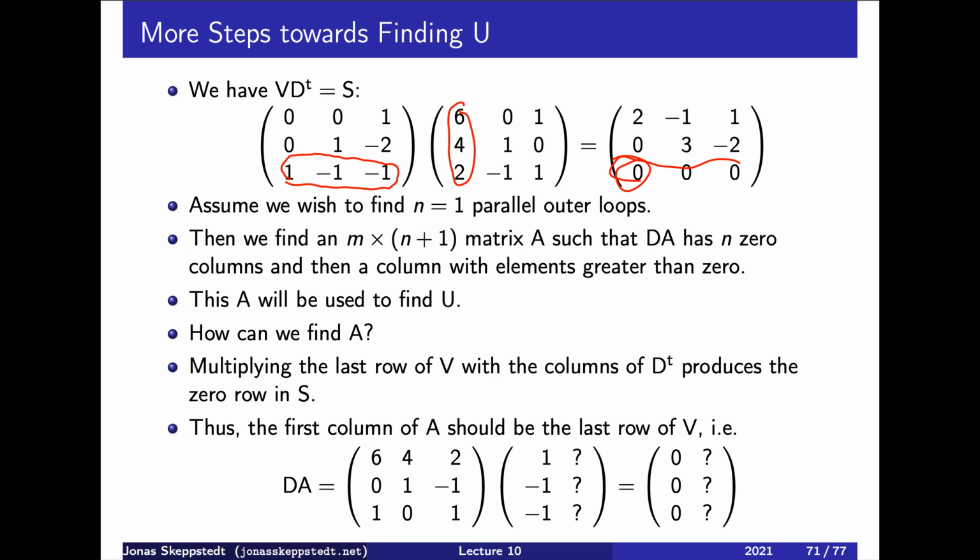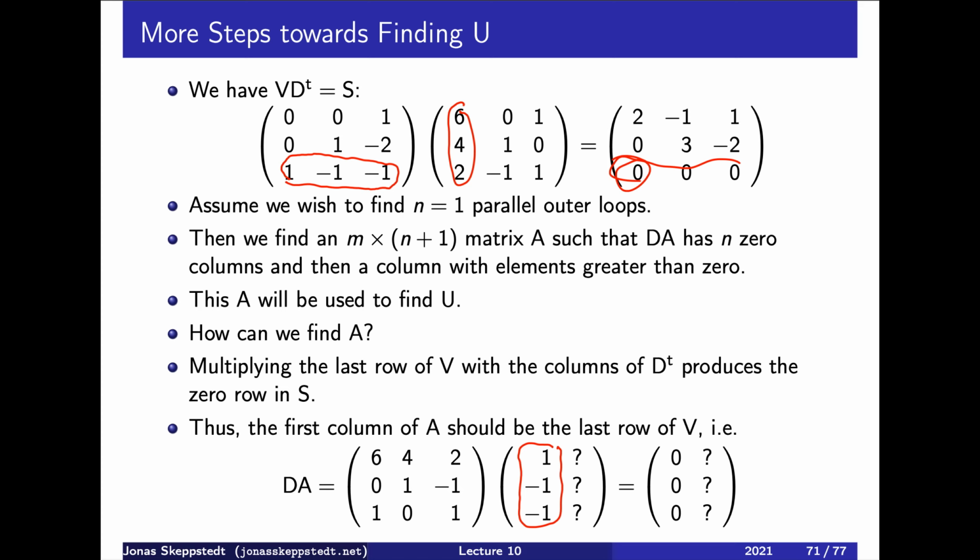So if we set the first column of A to the last row of this V, then we will get these zeros, as we just saw.